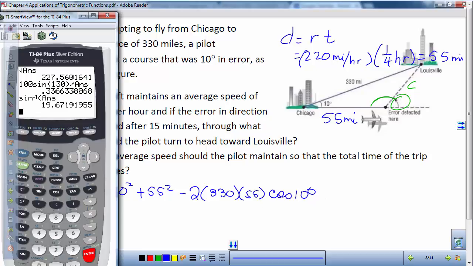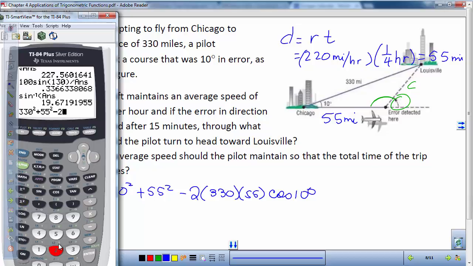So we do 330 squared plus 55 squared minus 2 times 330 times 55 cosine 10.